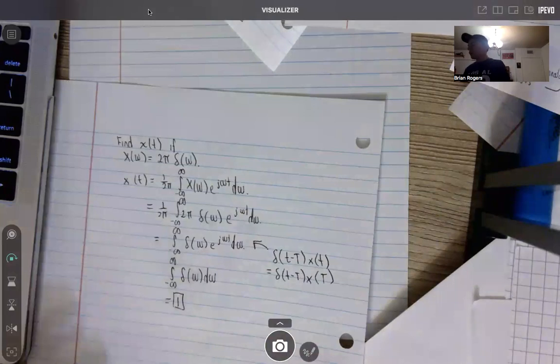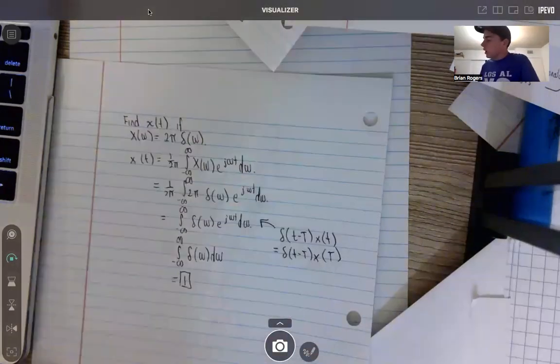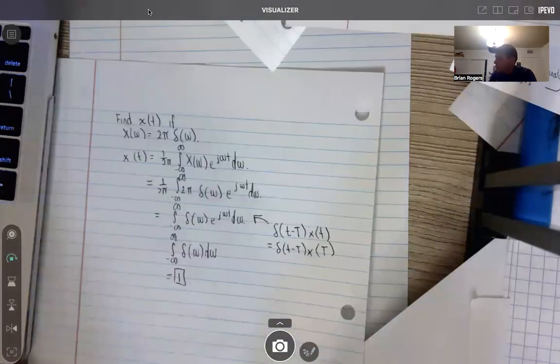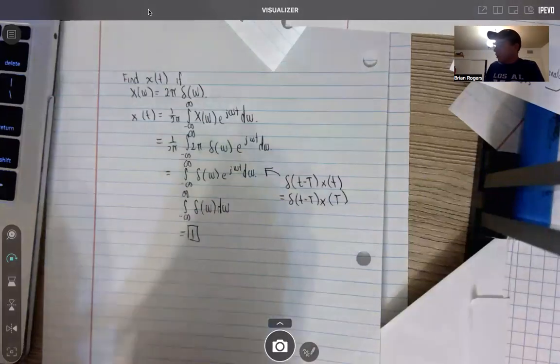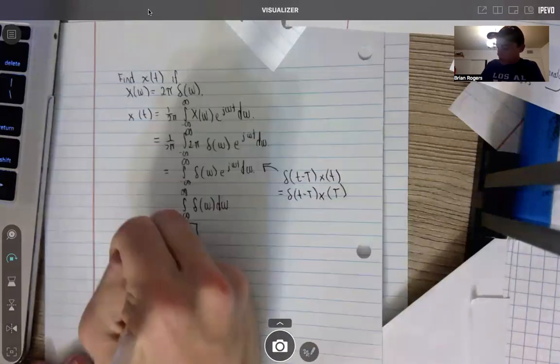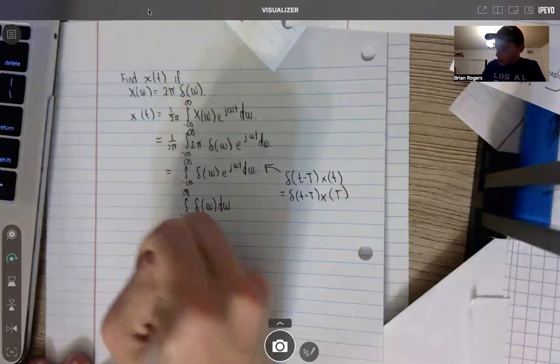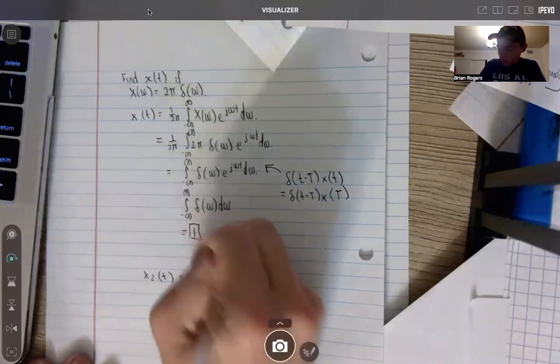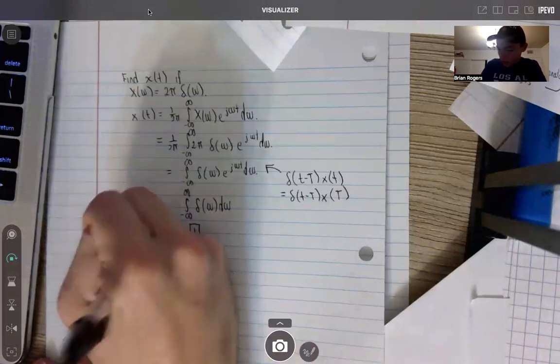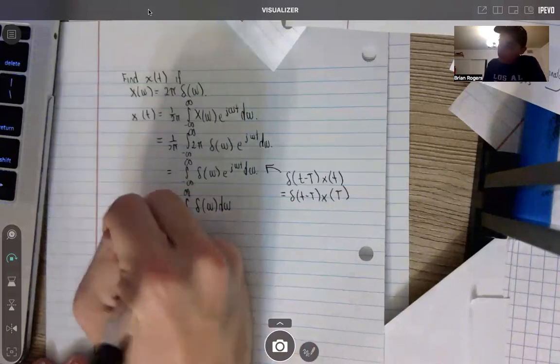Then the last one we'll do is the Fourier transform of this one. It says x of t equals e to the j omega naught t. So find the Fourier transform of this.